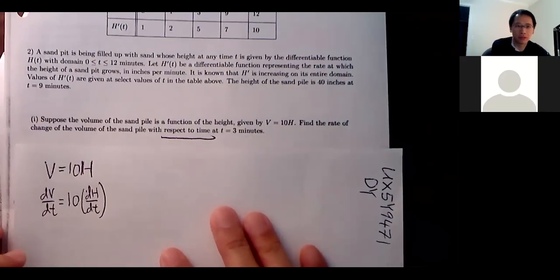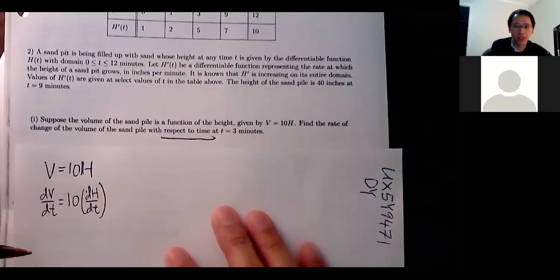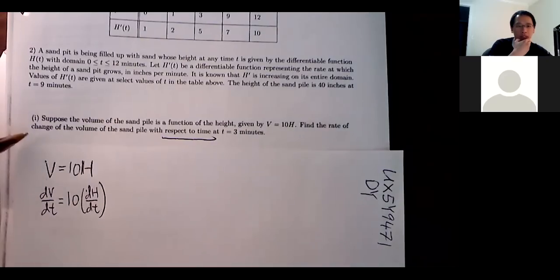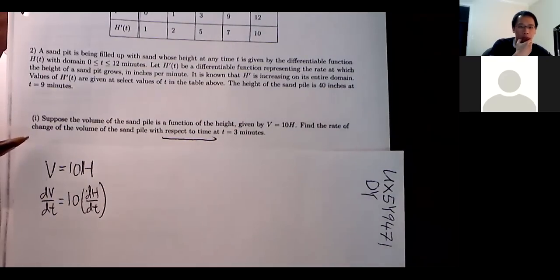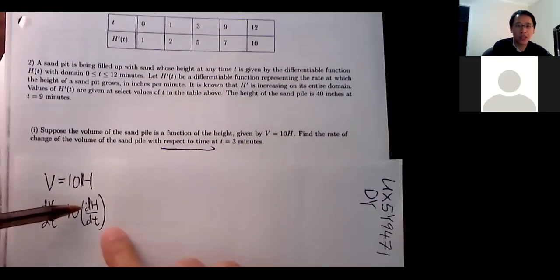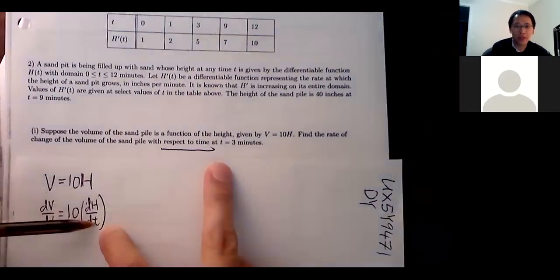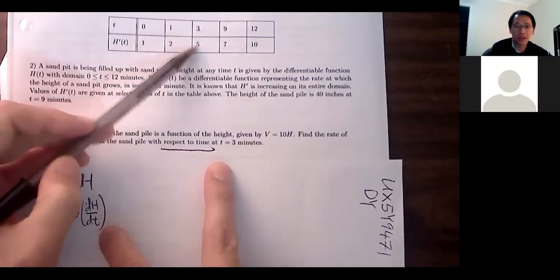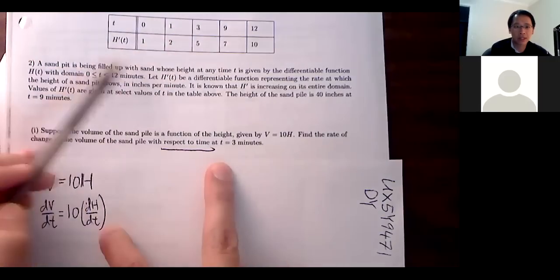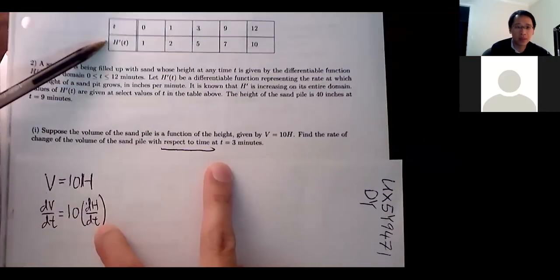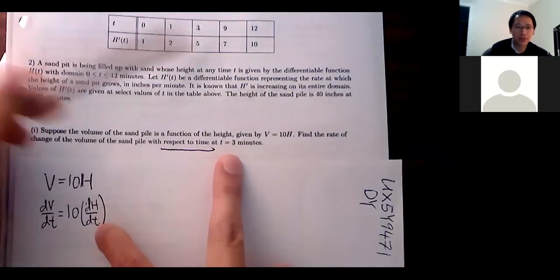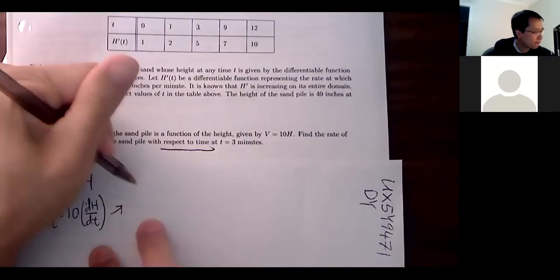And now we look to see what we can fill this in with, right? So let's find the rate of change of the volume with respect to time at t equals 3 seconds. dH over dt at 3, right? dH over dt at 3 is 5. It's basically the same thing as H prime. H prime of 3 is 5. So we can make that substitution there.